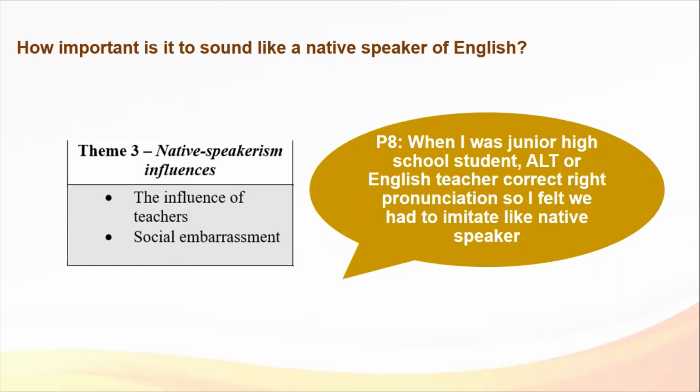So I felt that we had to imitate like native speaker." So this shows that, yes, they're being corrected and they have a model in the classroom, but maybe many students feel that that is the only ideal model of English. It's the native English teacher in the classroom or in the classroom materials.